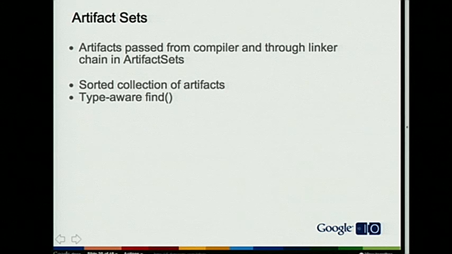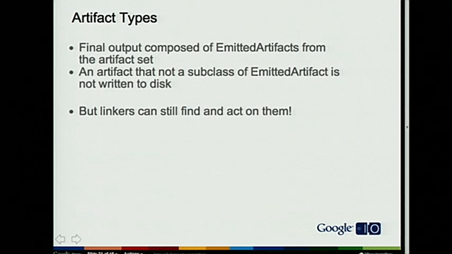You may have a certain subclass of artifact that you put in there, and you can ask for all artifacts of that type and all their subclasses. You can use the artifact set as just a bag of information that you can query at all these different points in the compile process. Or you may be able to ask for types of artifacts that GWT itself has put in there.